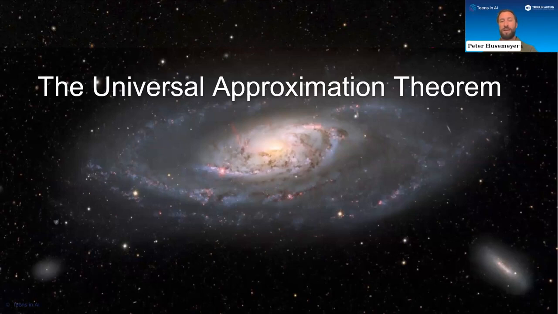If your model has a nonlinear activation function, like the one I showed you, and if it has at least one hidden layer, then that model will satisfy the universal approximation theorem. And what this means is that that model will be able to represent any continuous function to arbitrary precision, just as long as we have enough weights in the model.